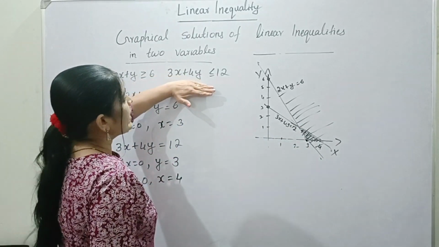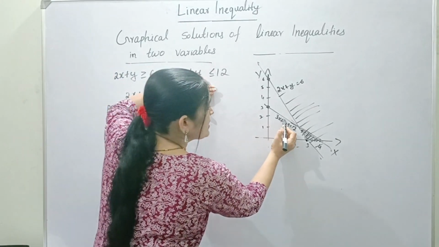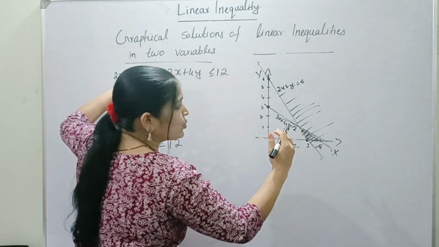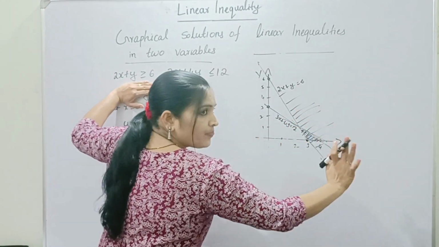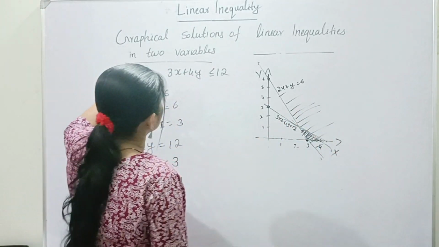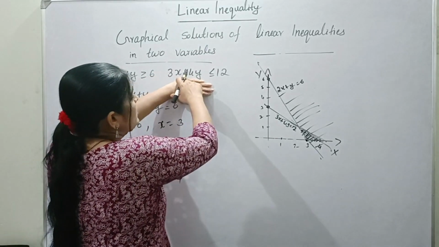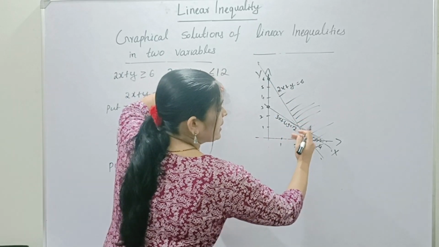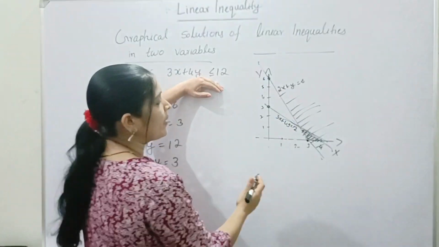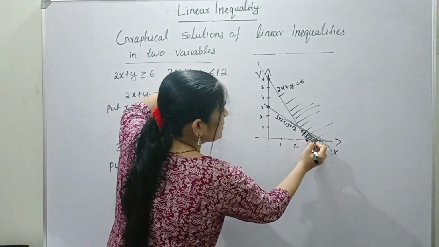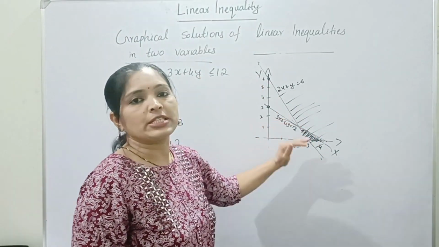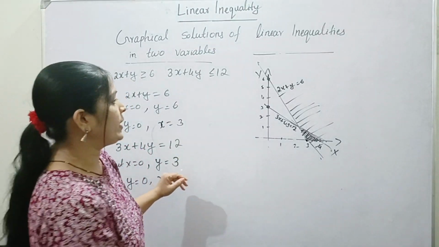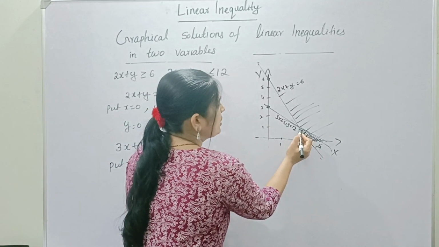And 3x + 4y = 12 is this line. 3x + 4y ≤ 12 is towards the origin, okay? So it is the intersecting region. So it is the feasible region where the solutions are lying, the feasible region of the given inequalities.